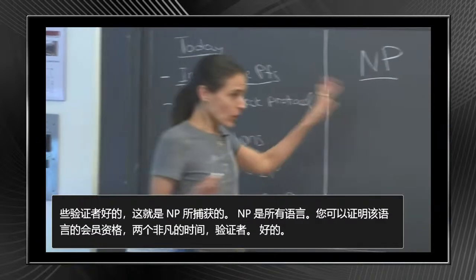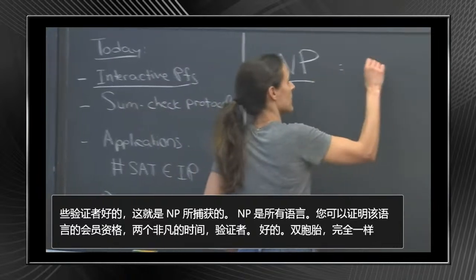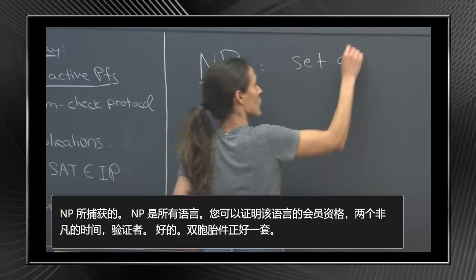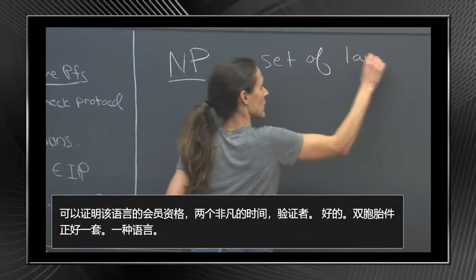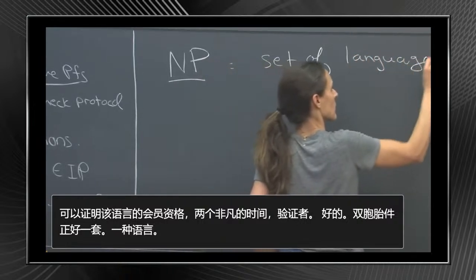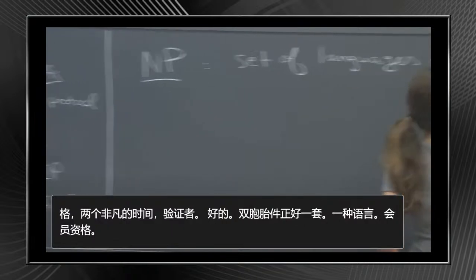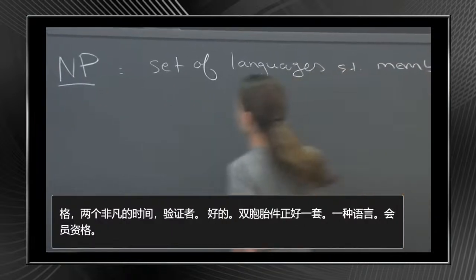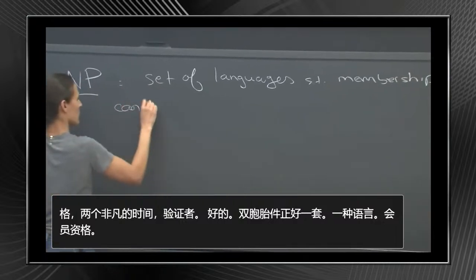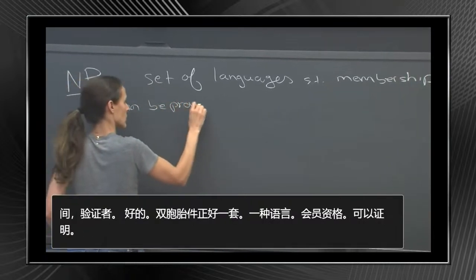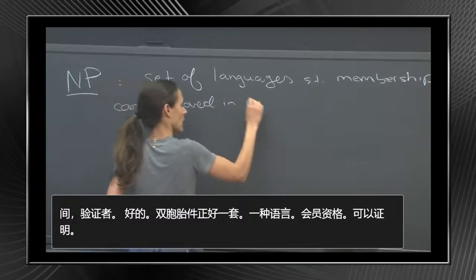So NP is exactly the set of languages for which membership can be proved in polytime.